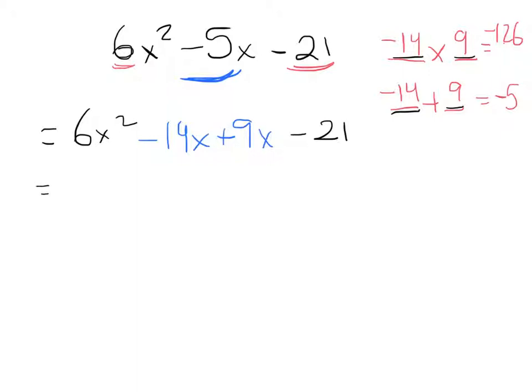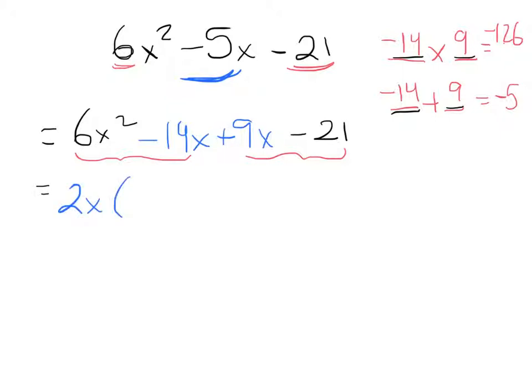So our next step from here is to take two groups of terms. We're going to look at our first group, which is 6x squared and negative 14x, and we're going to see if we can factor out a greatest common factor between these. Hopefully you're thinking to yourself, 2x.